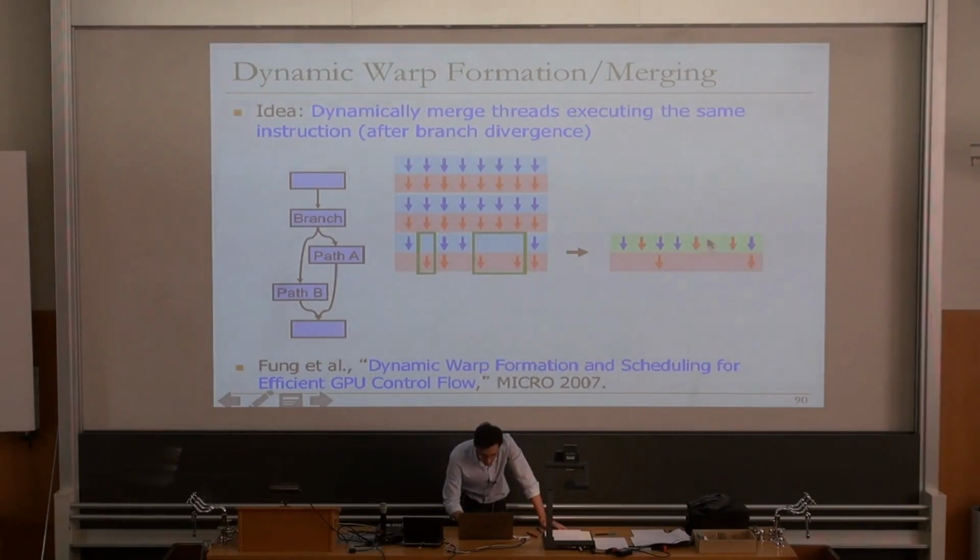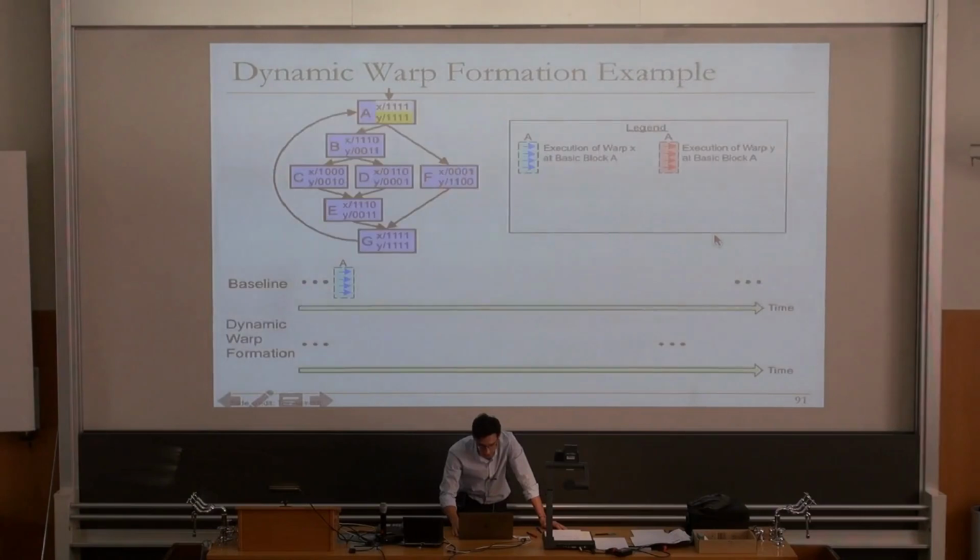But observe that we still have some free slots here, so we could potentially move these threads here, and then end up having one single warp or one single instruction.